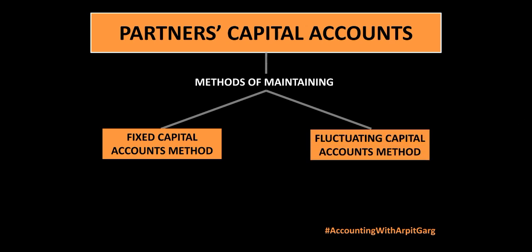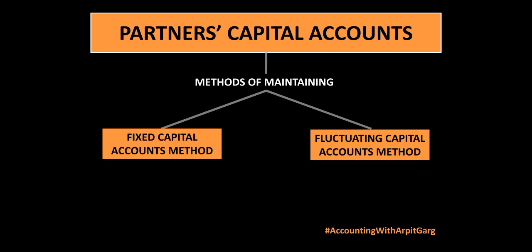Now what do these two methods say? Suppose we are all starting a business in partnership. When we start our business, some part of our capital will get blocked in our fixed assets, and that part of capital cannot be withdrawn in the life of the business except in the event of winding up.